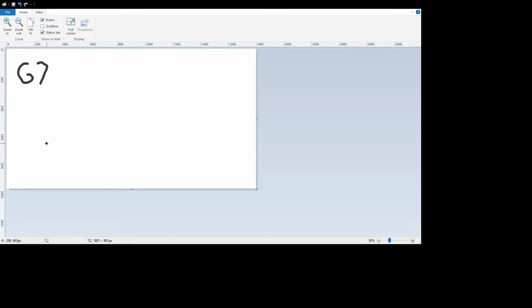G is a major chord, right? Well, we have to talk about the difference between a major 7 and just a simple 7. How can I simply explain this?